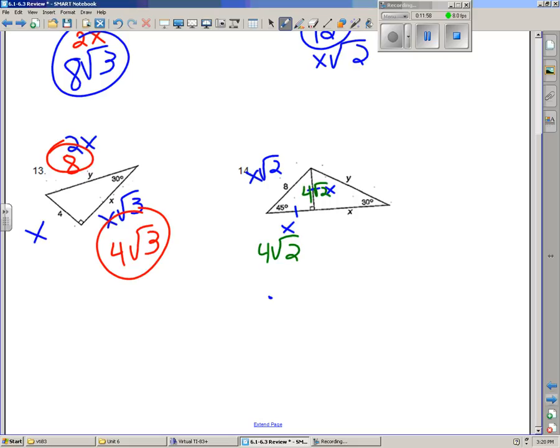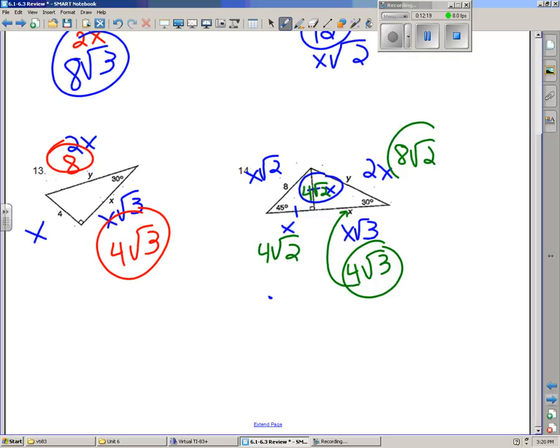But now in my 30, 60, 90, this is still the x value, so that's good. So this is my 4 rad 2 for x. This guy right here becomes x rad 3, and this becomes twice x, which means if I'm 4 rad 2 for x, I'm 4 rad 6 for the longer leg, and then I'm 8 rad 2 for the hypotenuse.